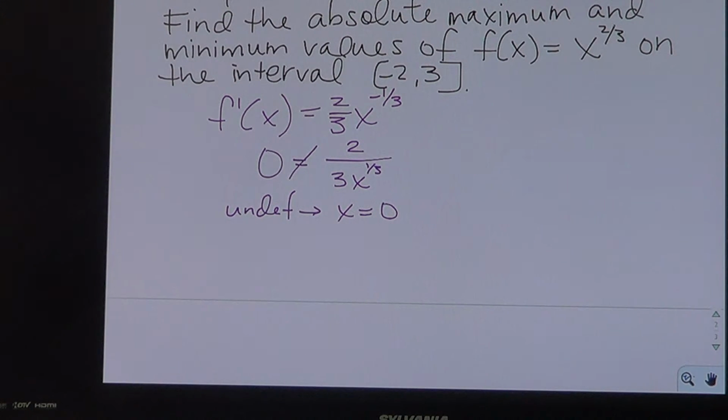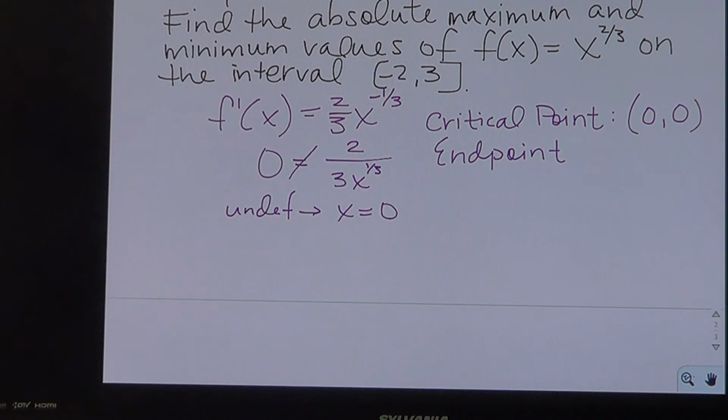I need to figure out what the y coordinate of that point is. So if I put that back into the original function, I'd have 0 to the 2/3, which would be 0. And then we'll have to figure out what the end point values are for y.